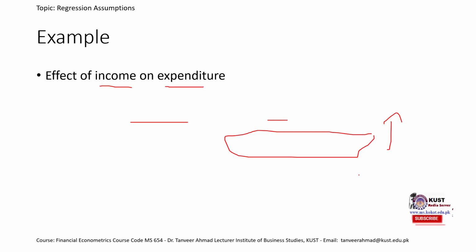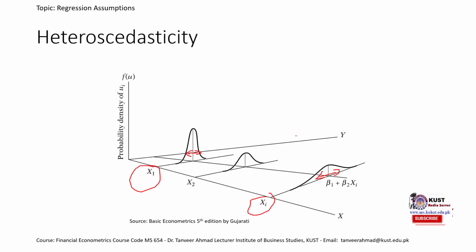So let's move back to the graph. Let's say on this x-axis we have income, and on this y-axis we have expenditure. This would mean that as income increases, expenditure increases. That is understandable. But by the shape of this curve, we can interpret that the expenditure has more dispersion, more variability, for the richer people, and lower variability for the lower income segment.